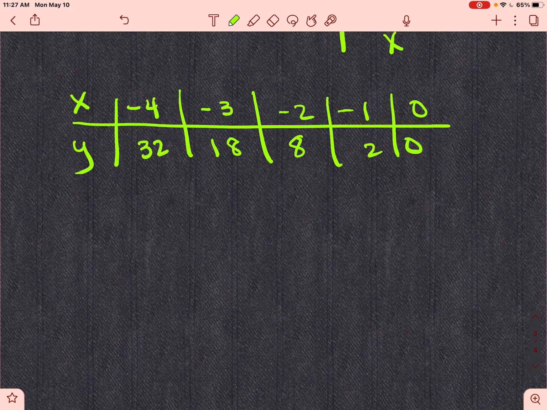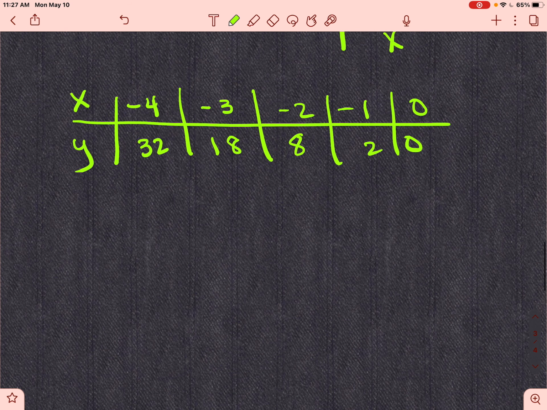I can check ratios right up front if I want. I would do 0 divided by 2 is 0. 2 divided by 8 is 1/4. 8 divided by 18 is not going to be 1/4. So it's not exponential because there's no constant ratio. So I'm going to start subtracting.